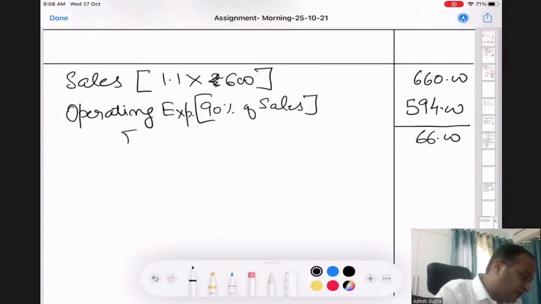Now from this we get earning before interest and tax.